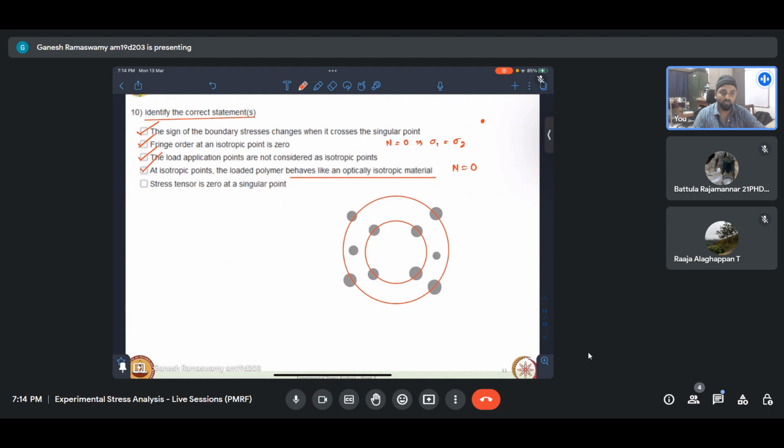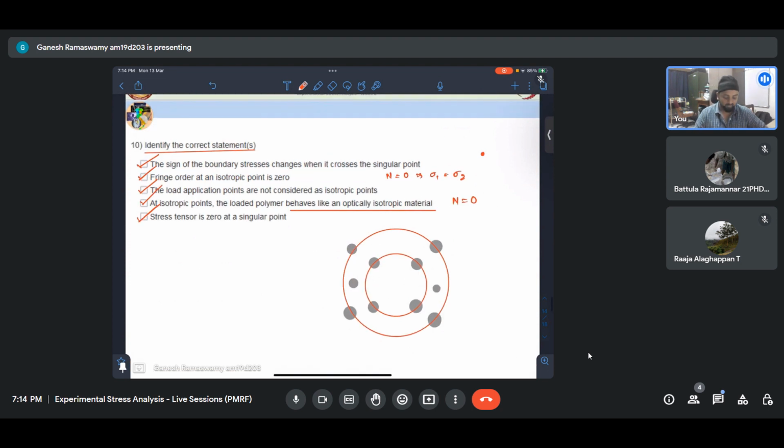If sigma 1 or sigma 2 is 0 by our arguments of a free surface, then the other principal stress also goes to 0. Traction being 0 at a free surface and sigma 1 being equal to sigma 2 can only be resolved by our stress tensor being 0. So the stress tensor is also 0. So essentially all statements are correct in this case.